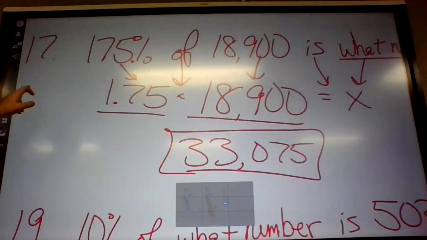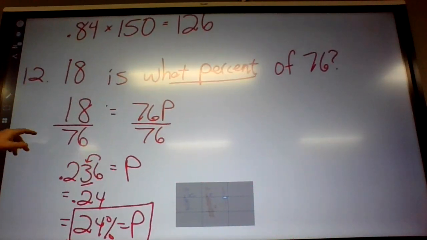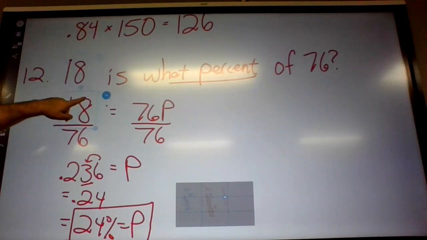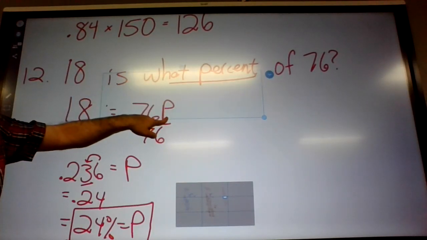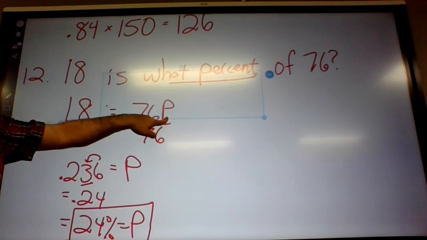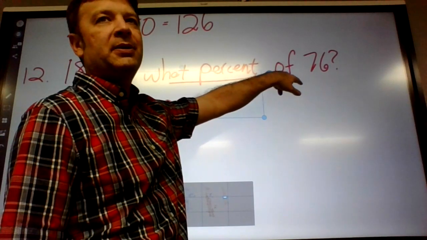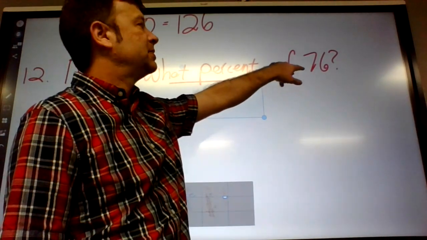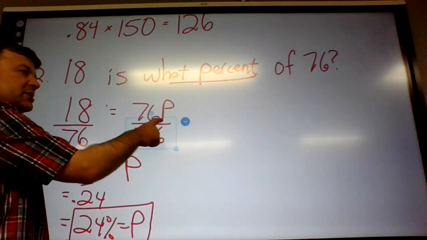Remember this one? 18 is what percent would be P. "Of" means times. 76. So P times 76, I just put 76P.